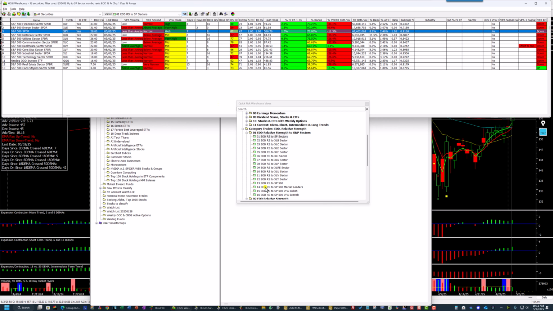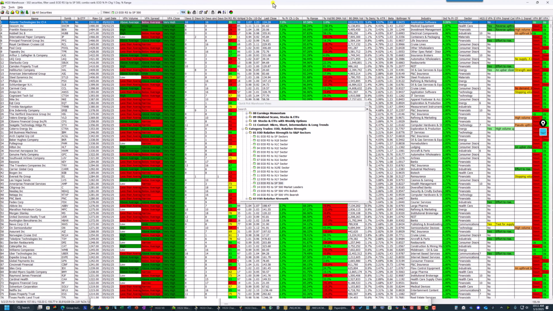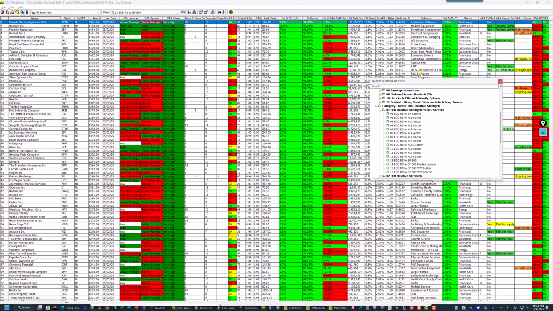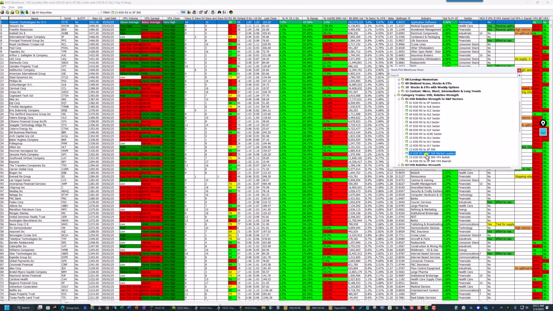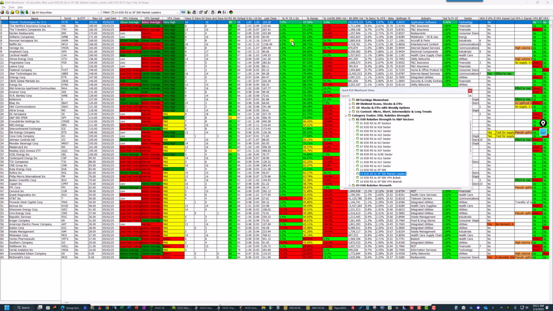This one was in here, the end of day relative strength to the S&P 500. And let me bring this up here, make it a little larger. But I've added the end of day RS to the S&P 500 market leaders. These are stocks whose fan is up, and these are leading mostly high relative strength stocks. And I'm sorted on raw combo, which brings the strength to the top.